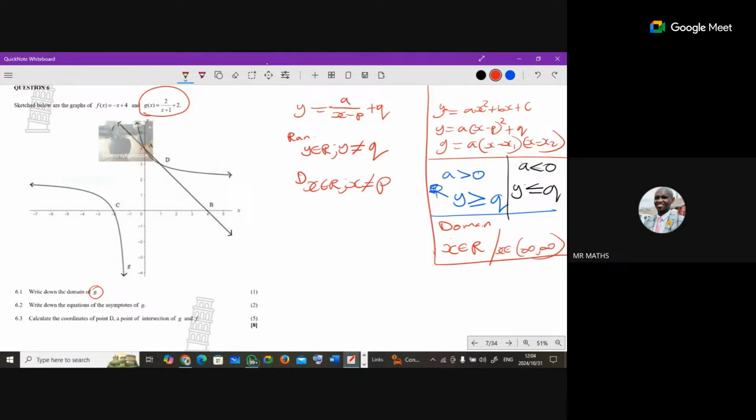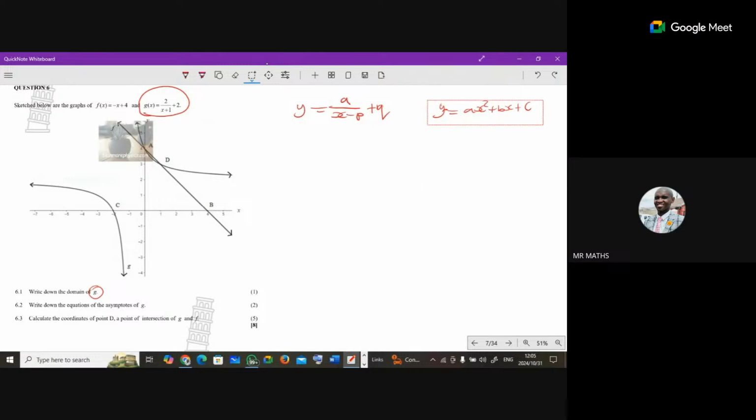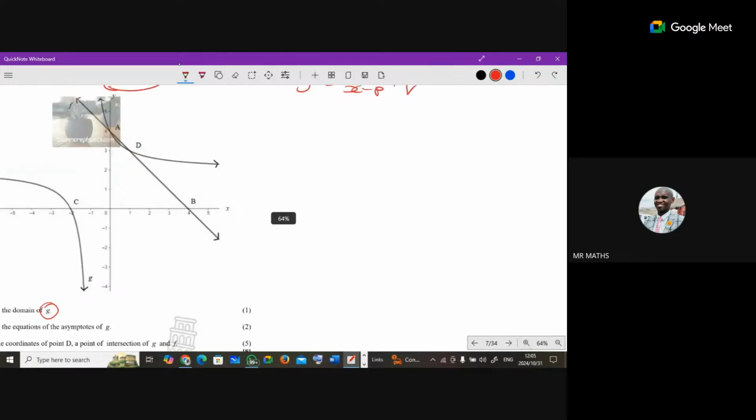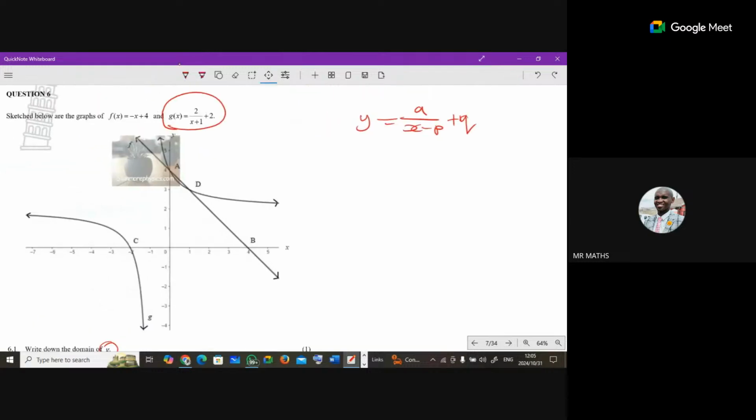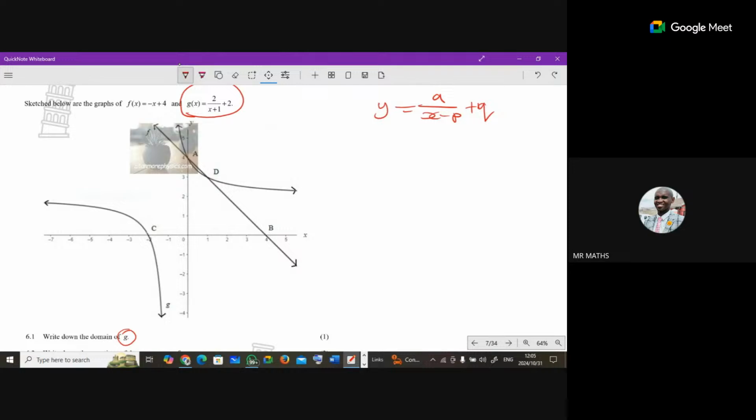Whatever the value of q is, y cannot be it for the range. Remember our equation has x plus 1 there. So x plus 1 equals 0, then you transpose, and you see that p is equal to -1, or you just take it and change its sign.